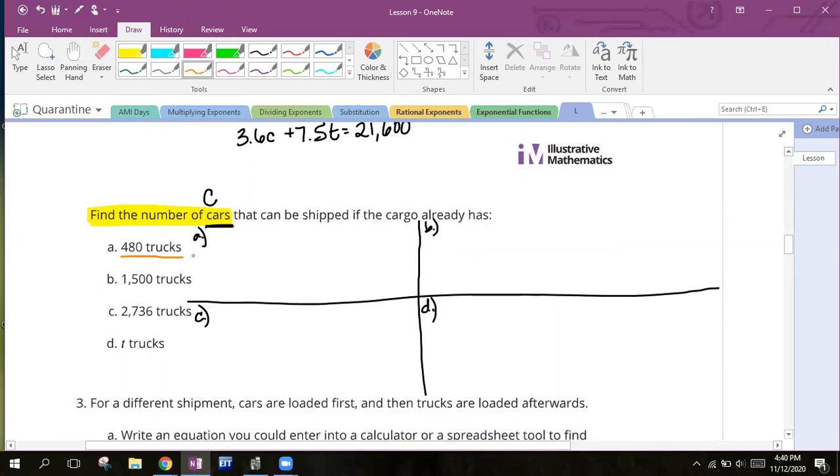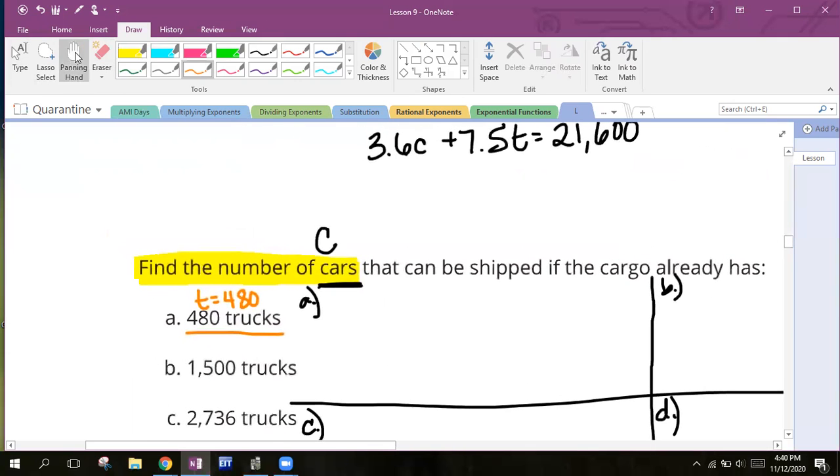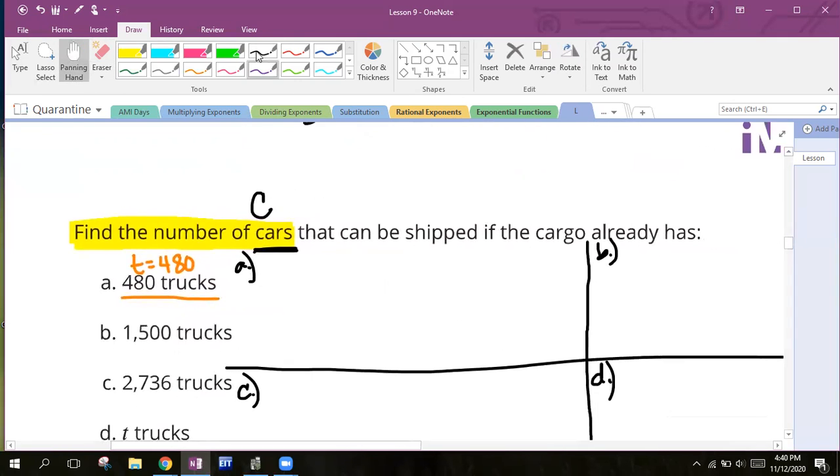So this tells us that we have 480 trucks. They just told us the number of trucks, which we know we use T to represent. And it wants us to find the number of cars, so it wants us to solve for C. They gave us T, they want us to solve for C. So going into my paper, I'm going to take my formula, 3.6.